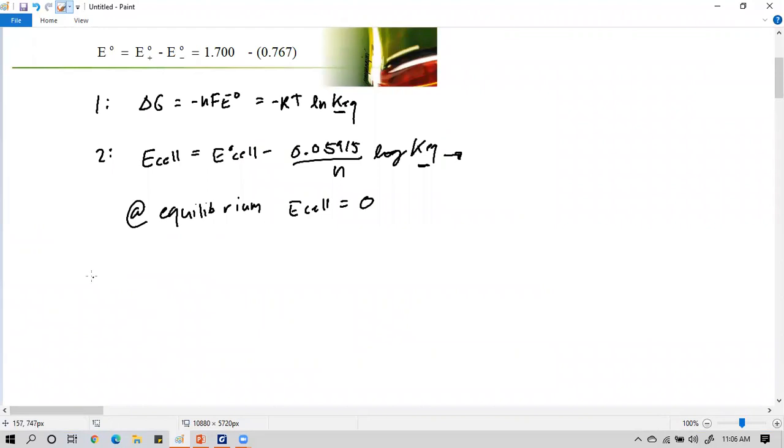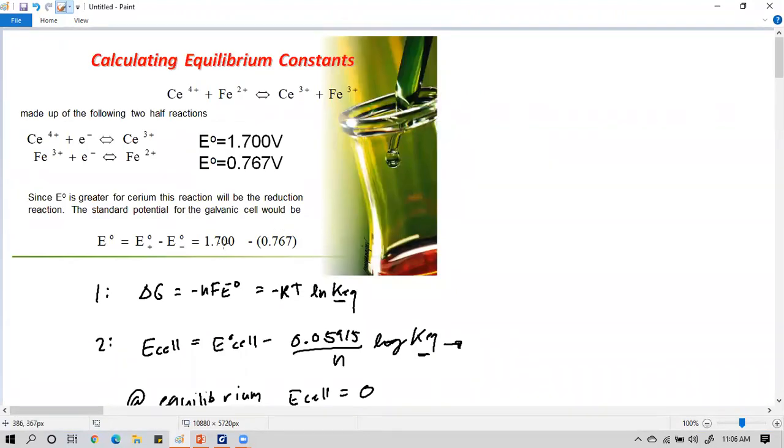So, gamitin natin yung method 1. Pwede muna natin oxidation and reduction. So, computein natin yung E naught nito. So, E right, ano yung E right?